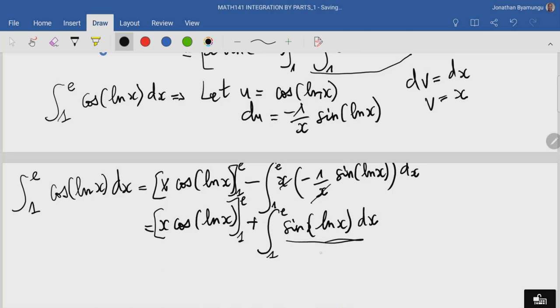Now, we note that this is the original integral I that we had.